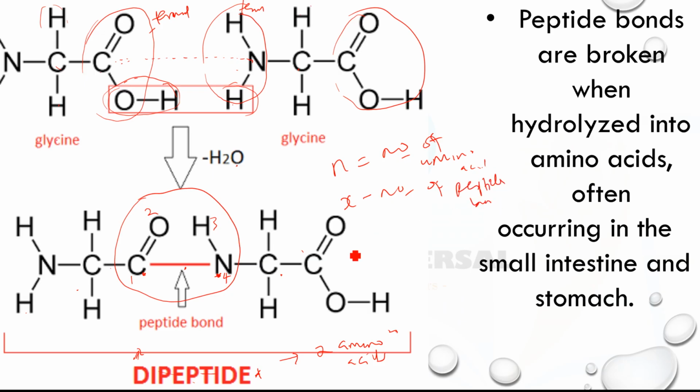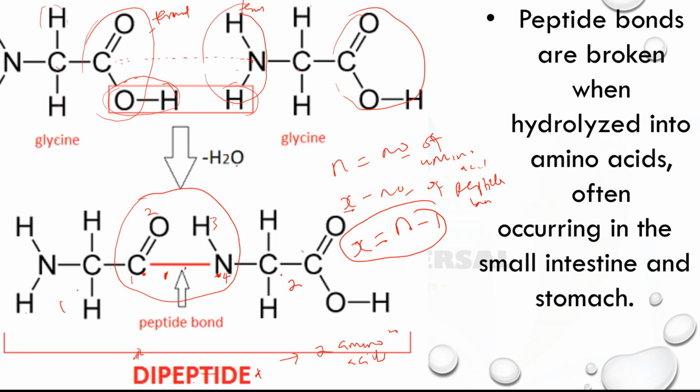So you can see that the number of peptide bonds is equal to the number of amino acids minus 1. Don't forget it. Number of amino acids here is 2. How many peptide bonds? X is 1, just this one, okay? So that means when you count the number of amino acids and minus 1 from it, it will give you the number of peptide bonds.